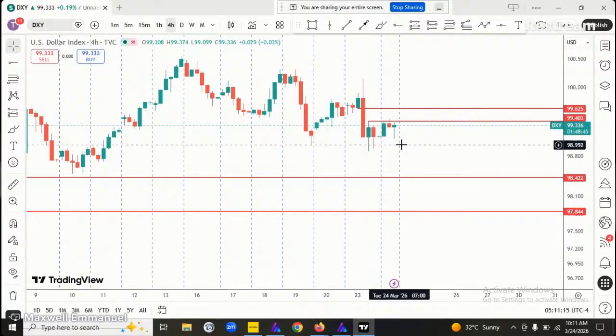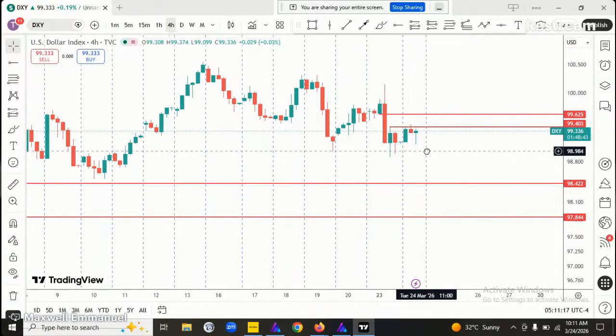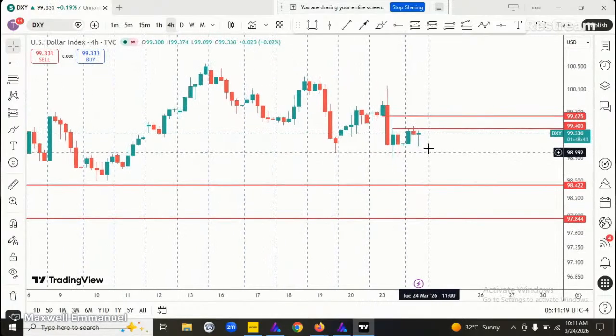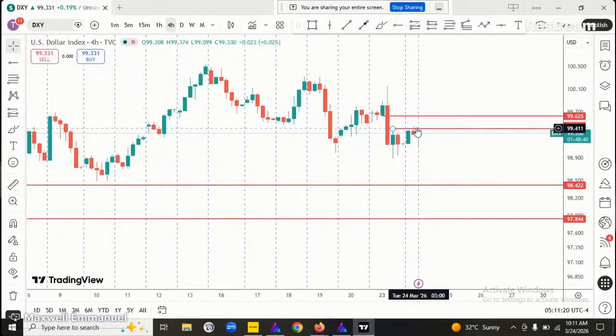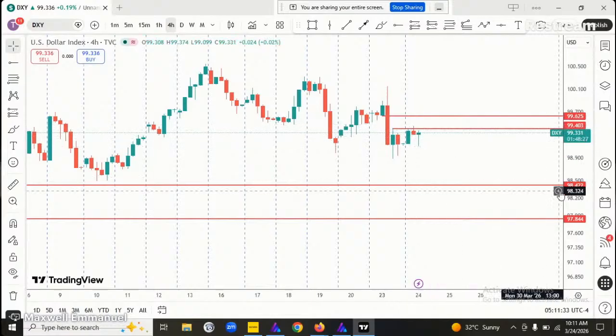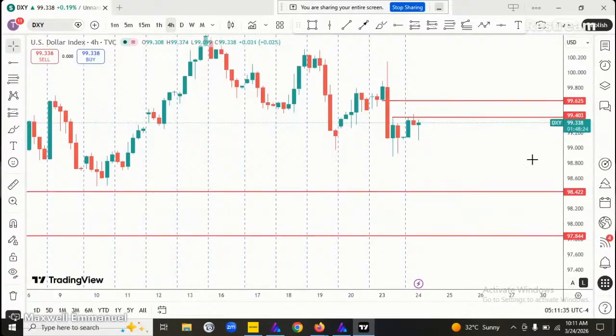So I think what's going to play out, maybe before 2:45 when the news will be released, is they are going to come for this liquidity. You see this candlestick that looks like a shooting star? Most retail traders would have executed sell, going bearish on the dollar because of this candlestick. And where would they have their stop loss?